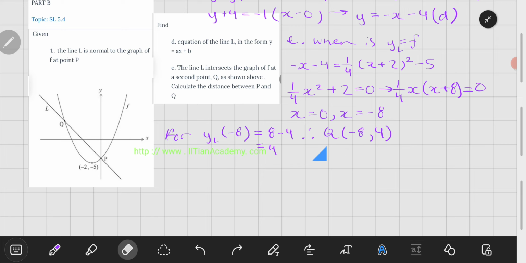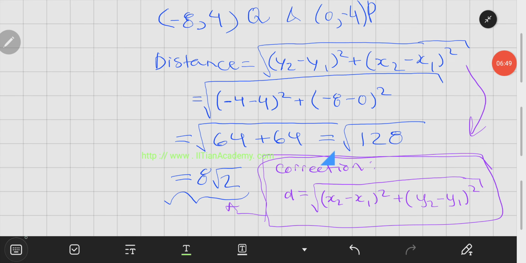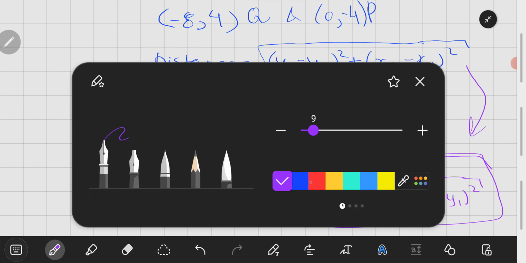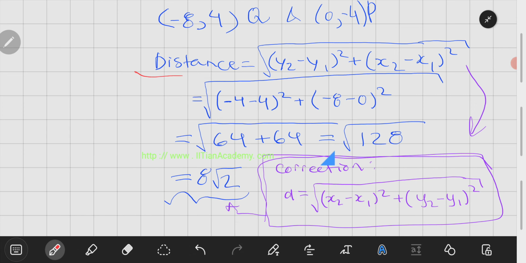Now, we can use the distance formula to find the distance between point Q and P. So, using our distance formula, distance is equal to the square root of (x2 minus x1) squared plus (y2 minus y1) squared.